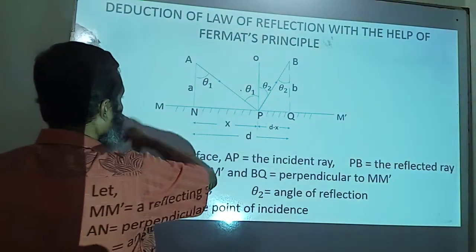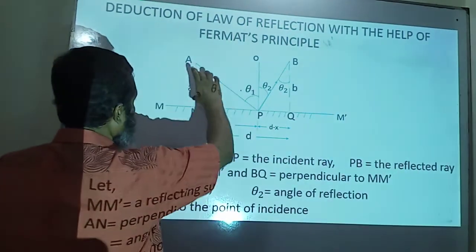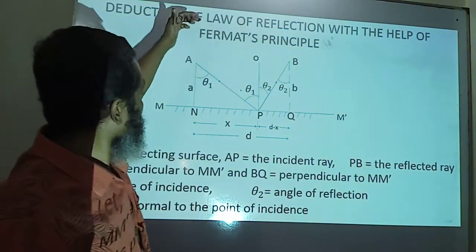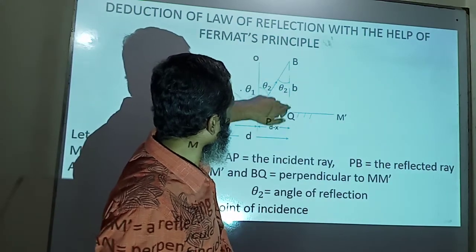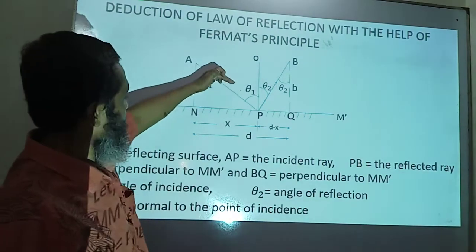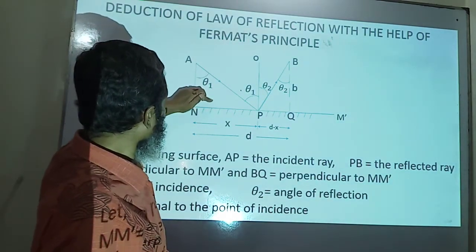We draw a perpendicular AN on MM prime, and similarly we draw another perpendicular BQ from point B on MM prime. Here, since this angle is theta 1, this angle will also be theta 1. Why?